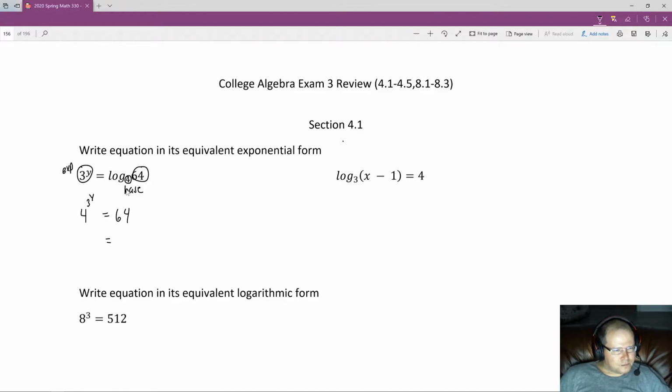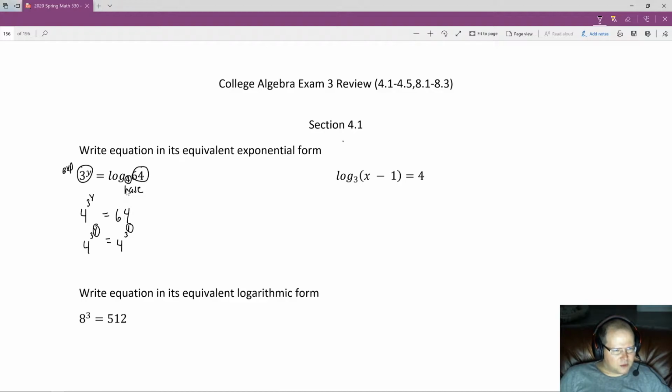I'll show you an easier way to think about this after this, but this is literally true. If we got these to have the same base, we could actually solve for y. 64 is really 4 to the 3rd power, which means 3y must have had a 1 exponent. So the only way this is going to be true is if y is equal to 1.